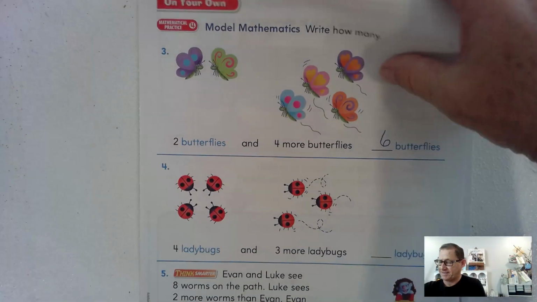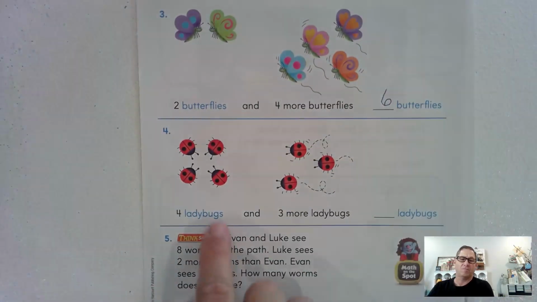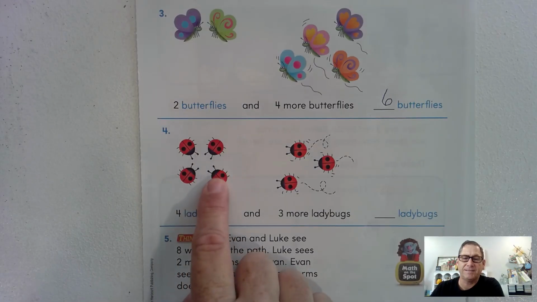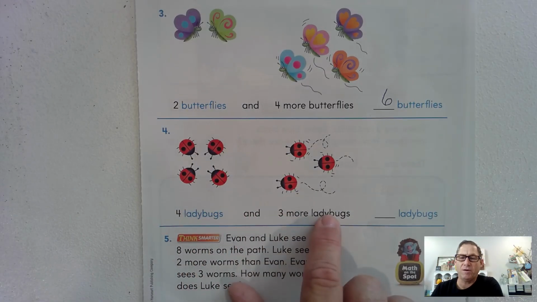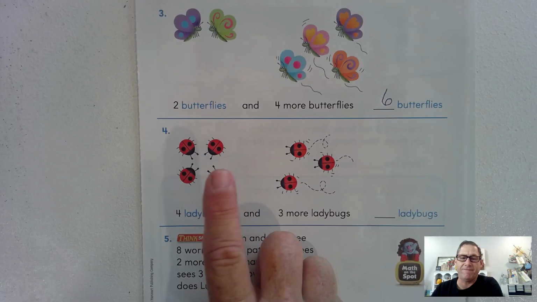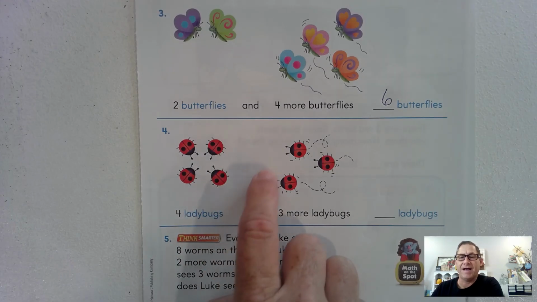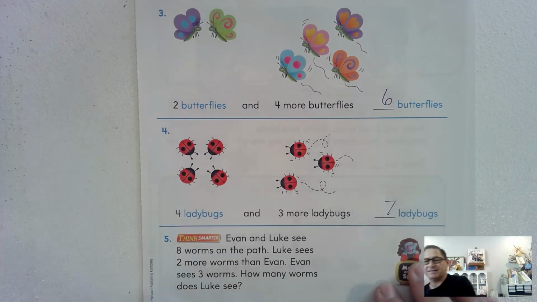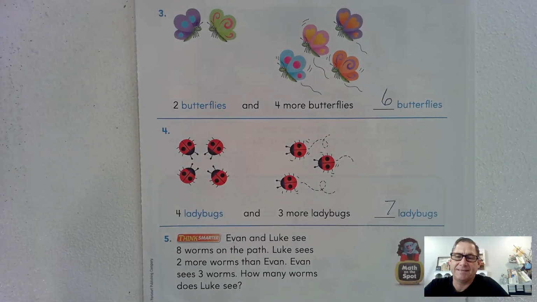Okay, what about the next one? This one we have 4 ladybugs, right? 4 ladybugs and 3 more ladybugs. Okay, so we're going to add the 3 more to what we started with. So we have 4, 5, 6, 7. 7 ladybugs.